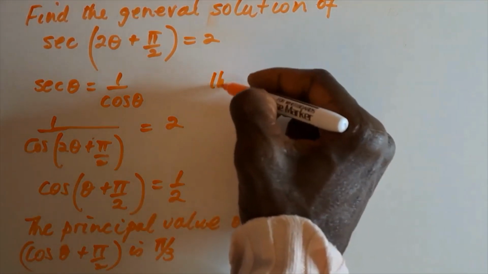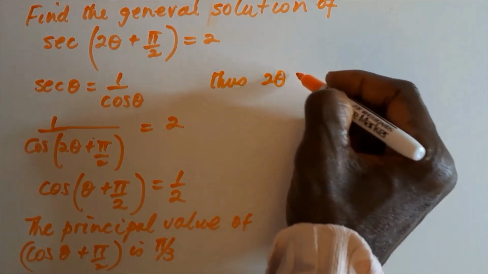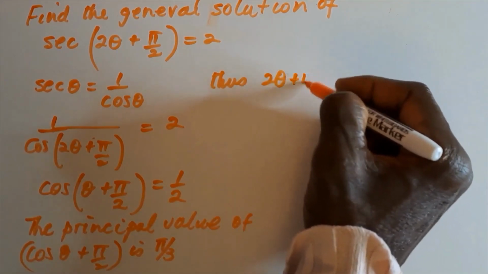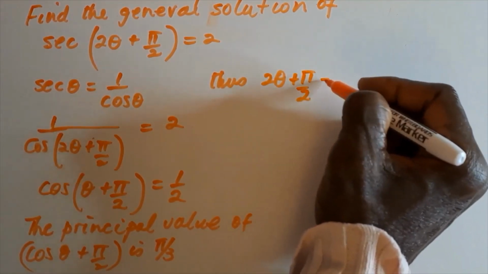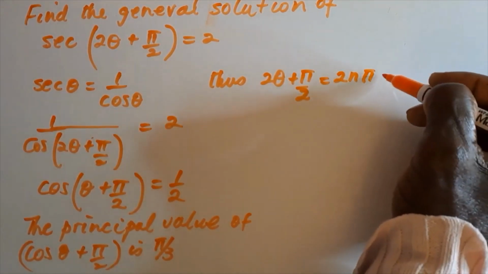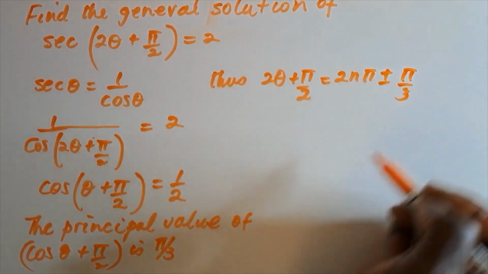So thus we can write that 2 theta plus pi over 2 is equal to 2n pi plus or minus pi over 3.